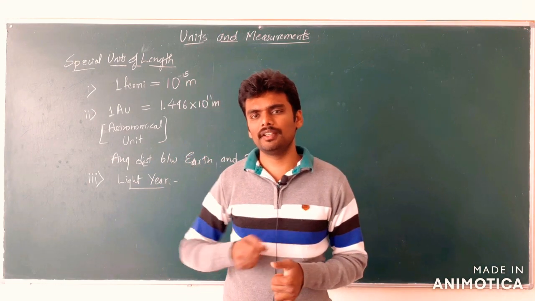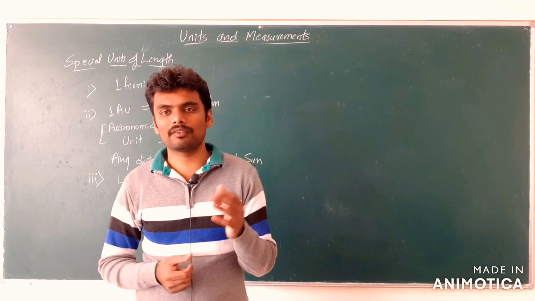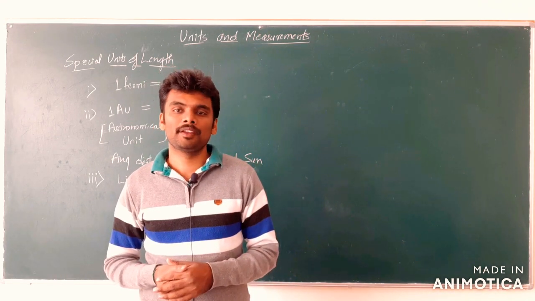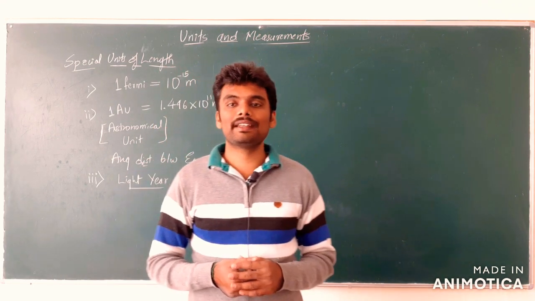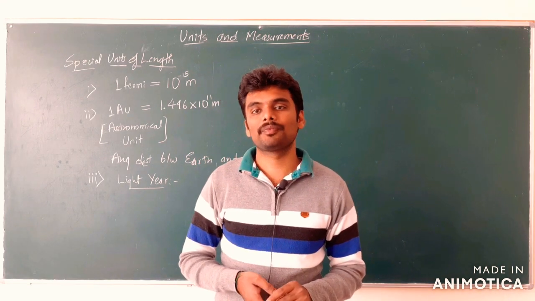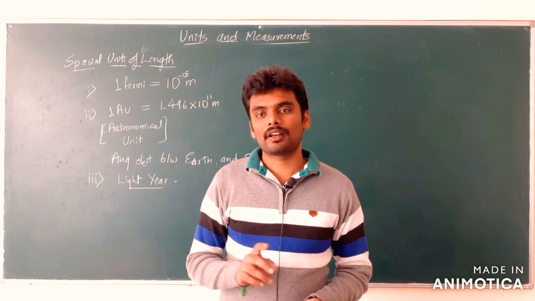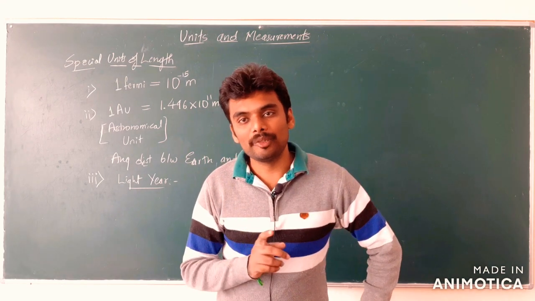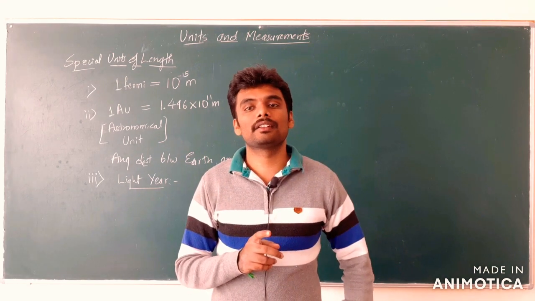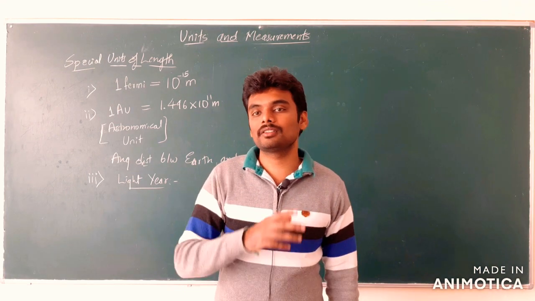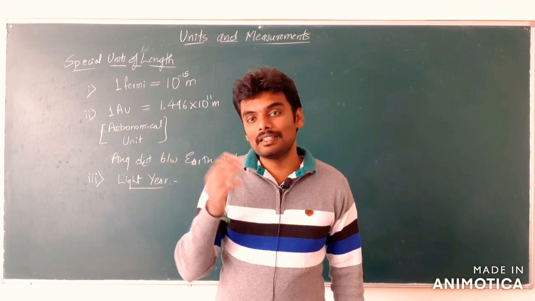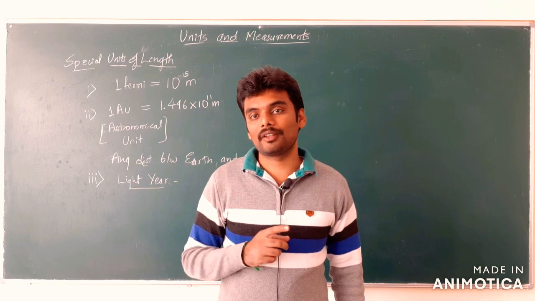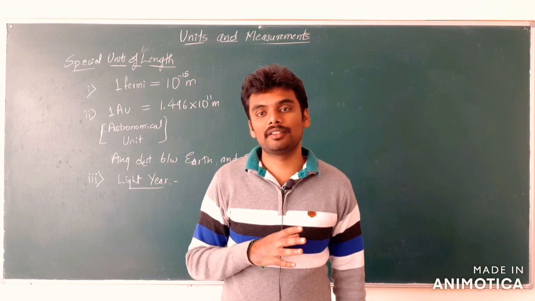The speed of light is 3 into 10 to the power of 8 meter per second, which is close to 3 lakh kilometer per second. Just try to imagine, light can travel 3 lakh kilometers in 1 second. That is the speed of light.